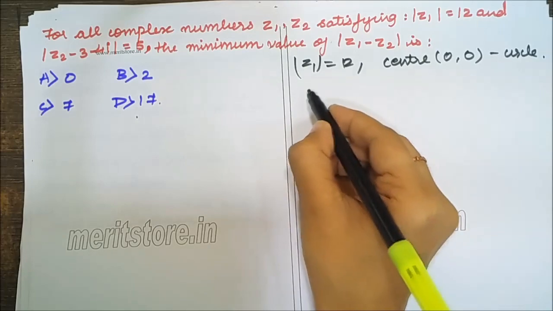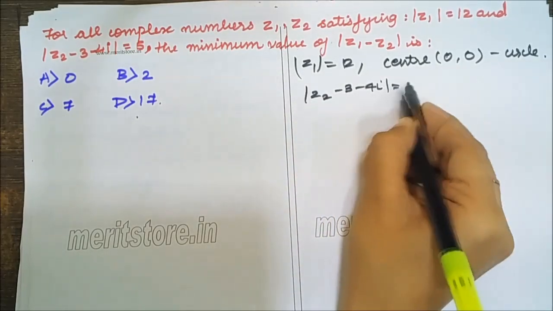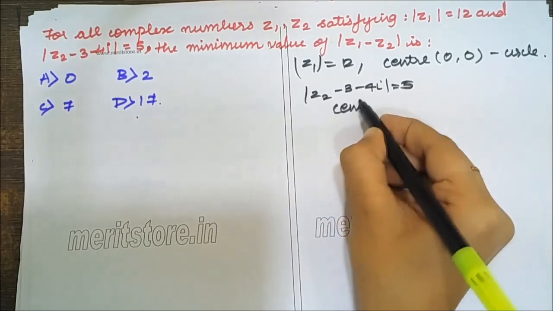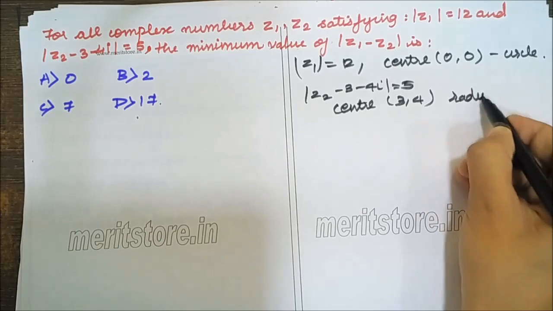After that, z2 minus 3 minus 4i is equal to 5. Your center is 3 comma 4 and your radius is 5.